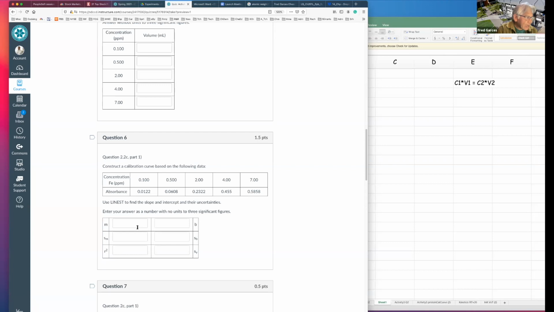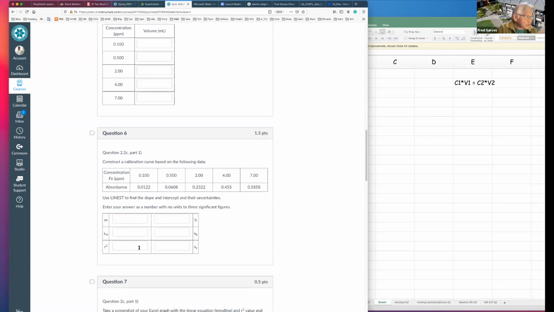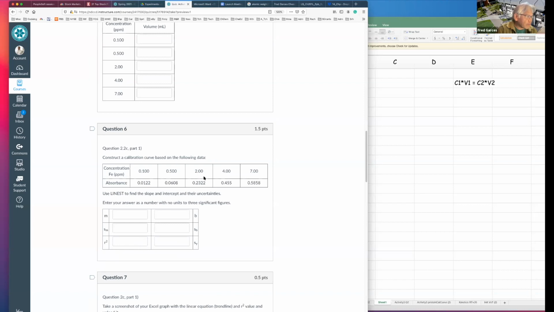Plot this and get Linest. And then what you will see is that one of these points are off. You need to delete it. And you need to get your correlation factor to be a better value. Because right now, the data for this is not very good. You got to delete one of the points.